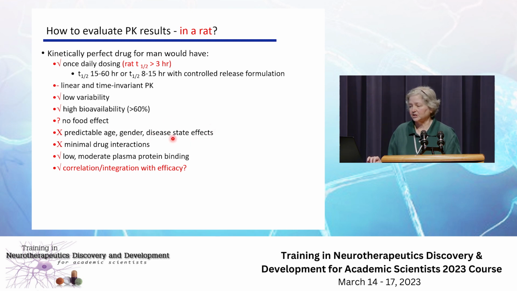The age effect and the gender effect and the disease effects in rats are not similar to humans, so this is not easy to predict from rats. We can't do a good job on drug-drug interactions. We can measure the protein binding, but we can also, from the rats, start to get an integration of what concentrations do we need for efficacy.